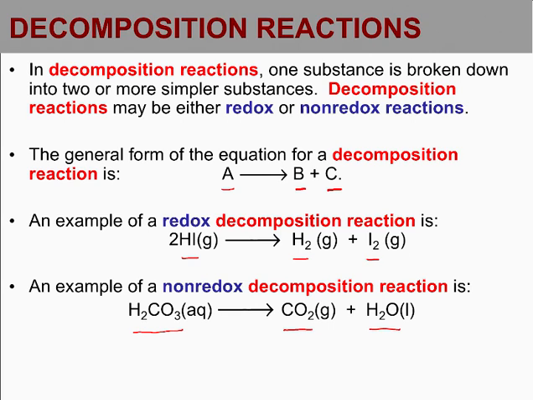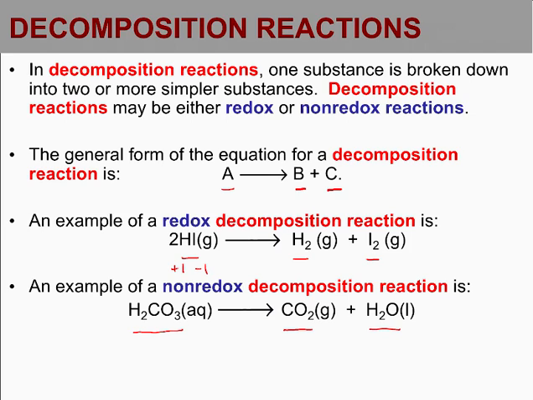So if we look at the redox decomposition reaction, the reason that it's a redox reaction is there is a transfer of electrons. In our original reactant, hydrogen has a +1 oxidation number because it is in a compound. And iodine has a -1 oxidation number, due to the fact that it is in group 7A.